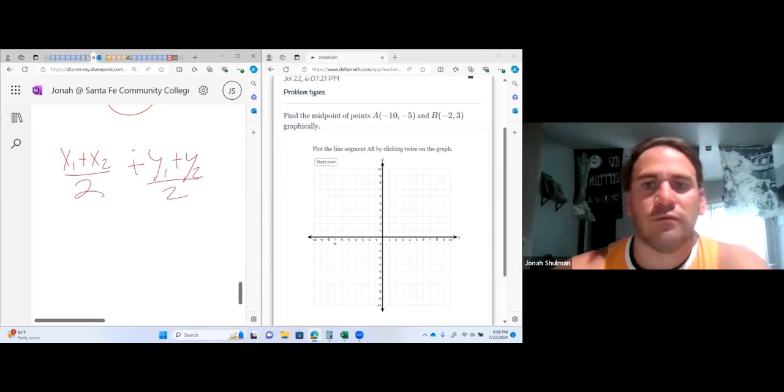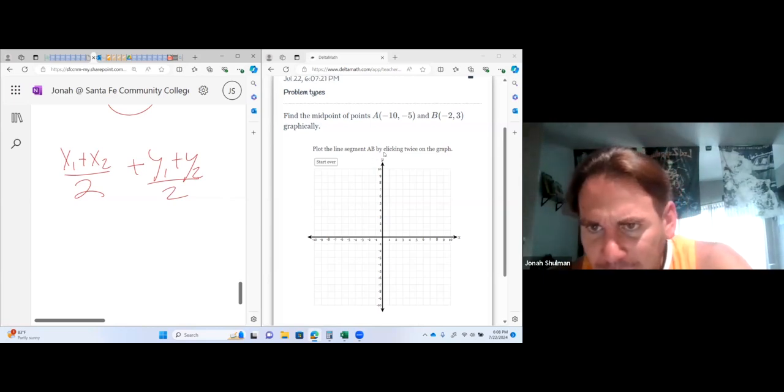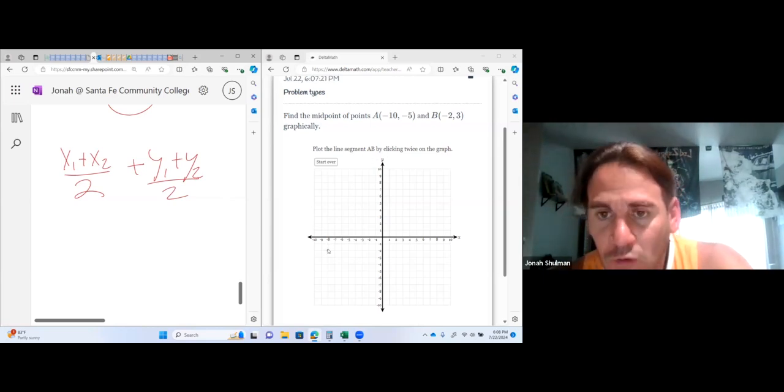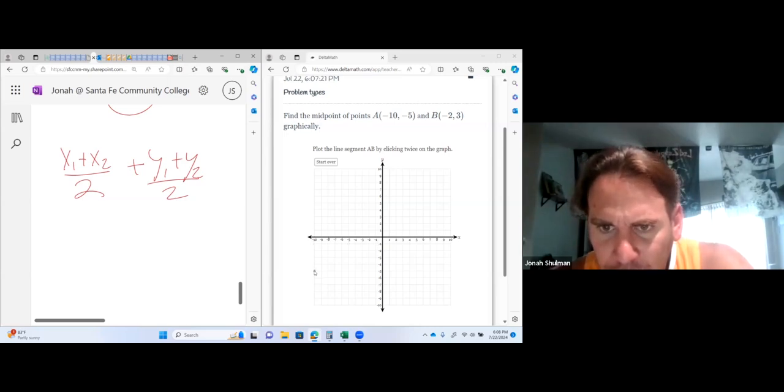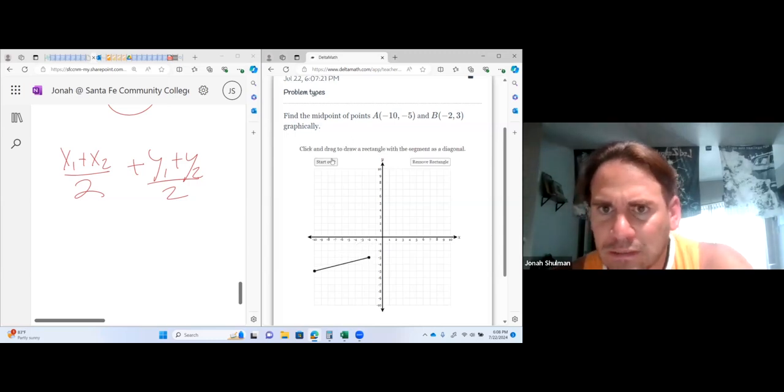But they want us to plot the line segment by clicking. So we have to plot the points. Oh, okay, so -10, -5, -2, -3. Cool. Now I have to click and drag to draw a rectangle with the segment.